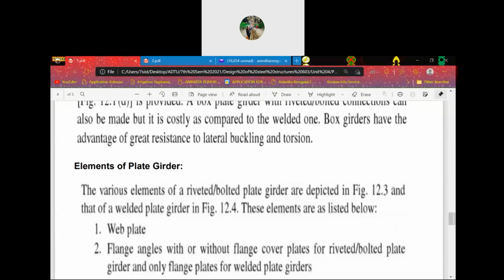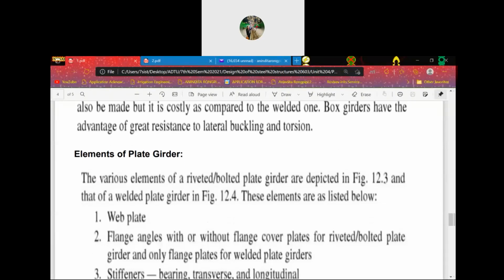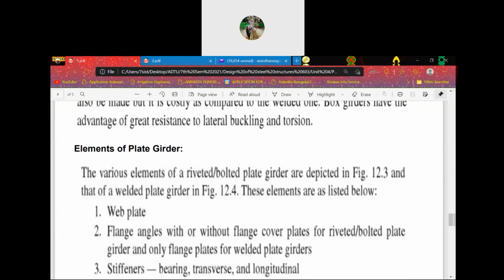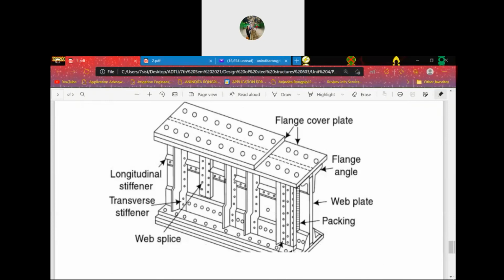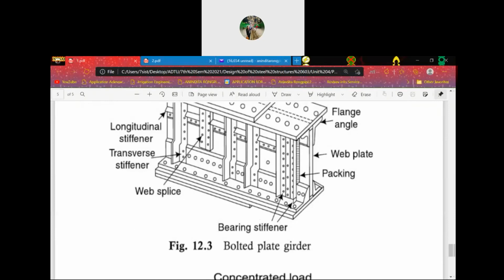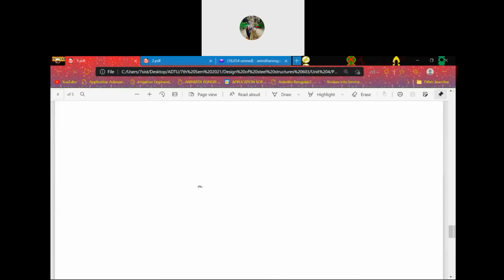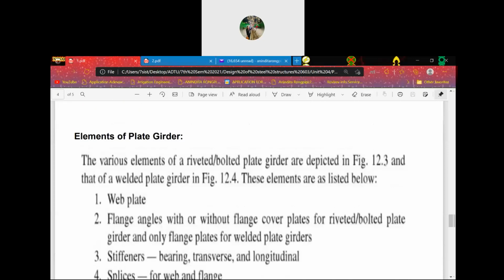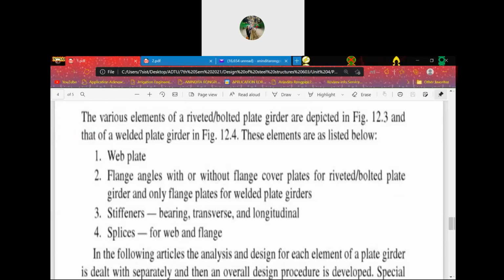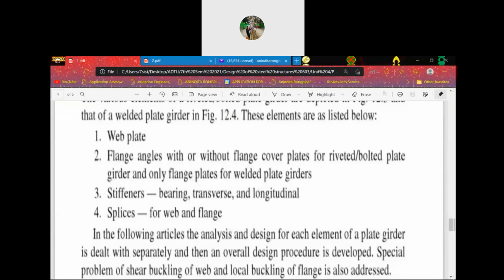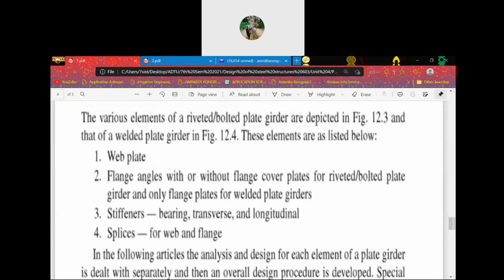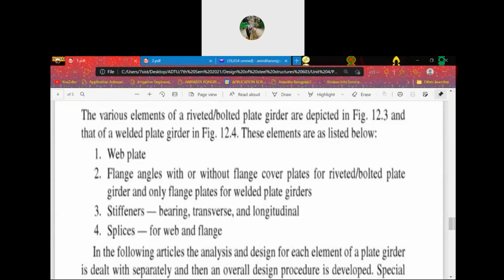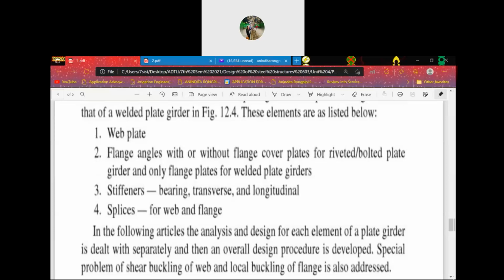Next up is the elements of plate girders. The various elements of riveted or bolted plate girders are depicted in figure 12.3, bolted plate girders. These elements are web plate, flange angles with or without flange cover plates for riveted or bolted girders, and only flange plates for welded plate girders; stiffeners, that is bearing, transverse and longitudinal; and splices for web and flange.